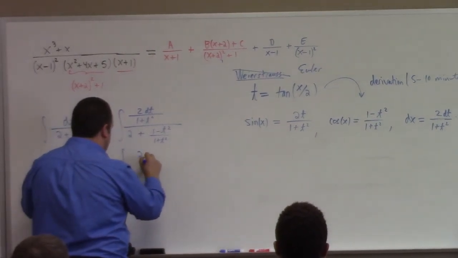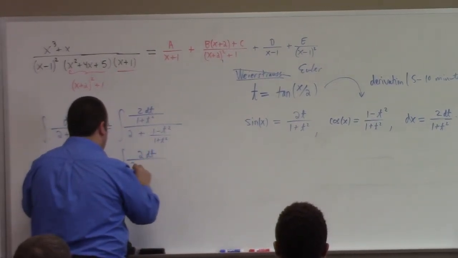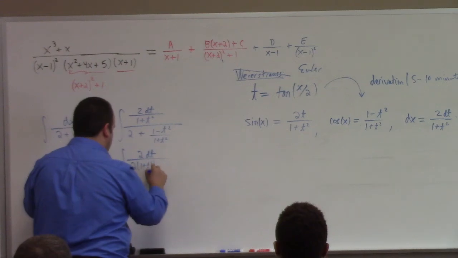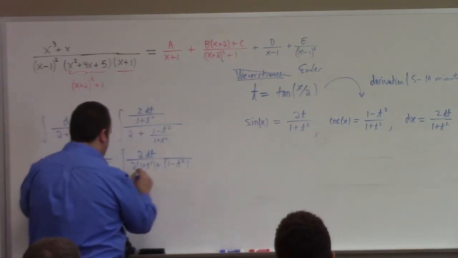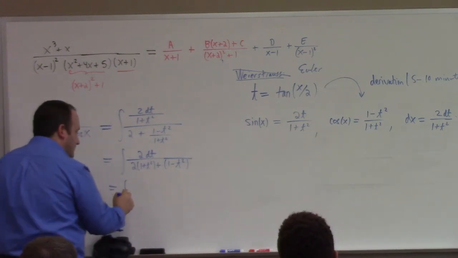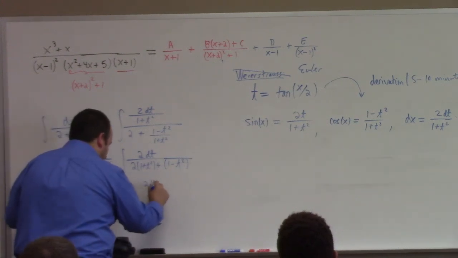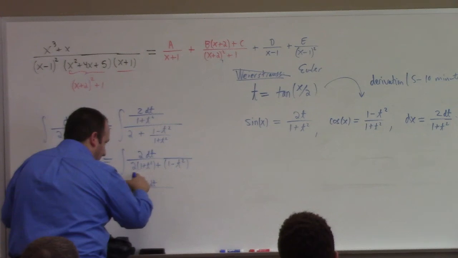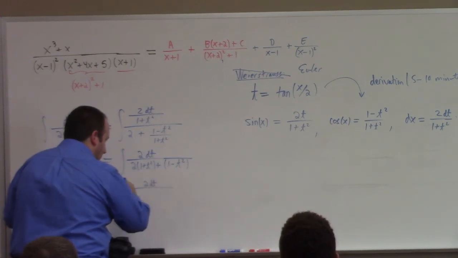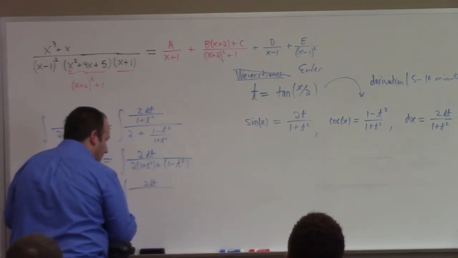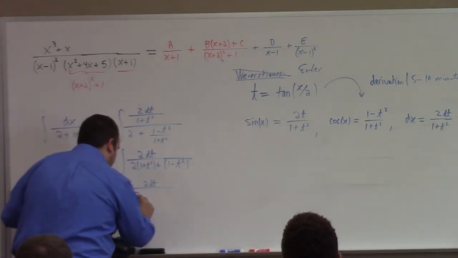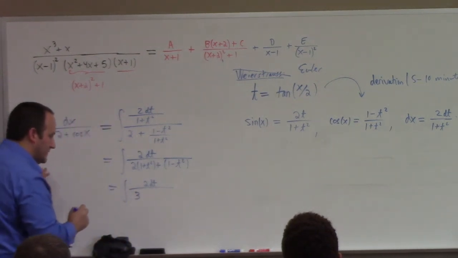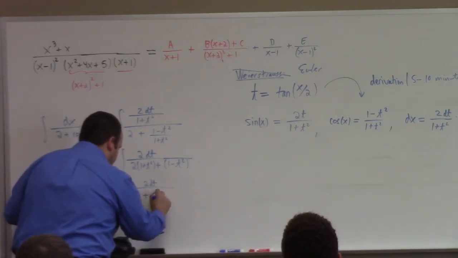So that gives me 2 dt over 2 times 1 plus t squared plus 1 minus t squared, which is what? The t squared terms cancel. I think I get 3 plus t squared.